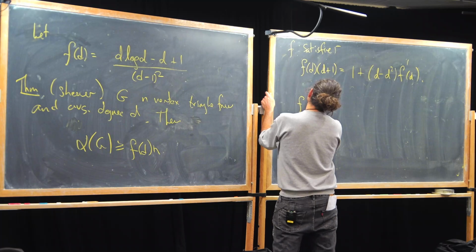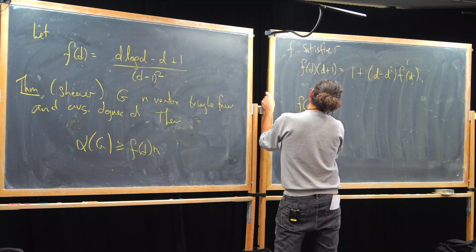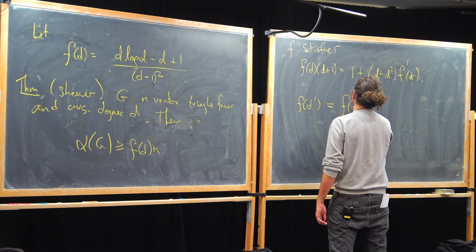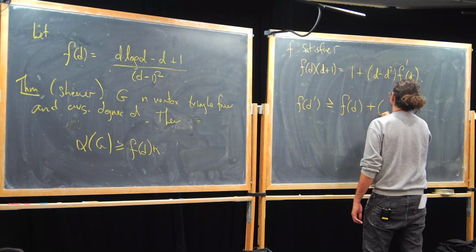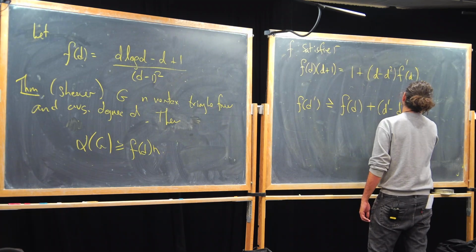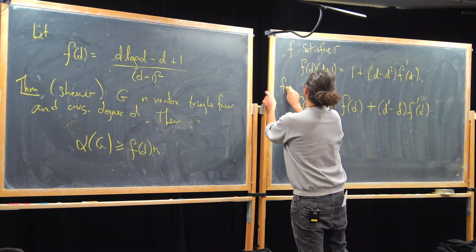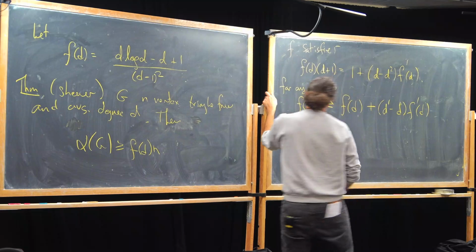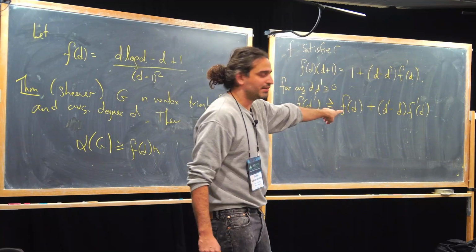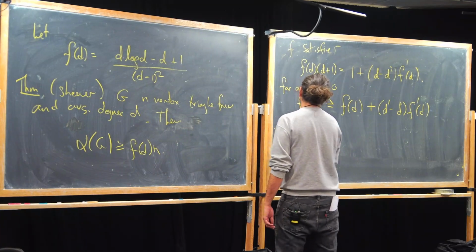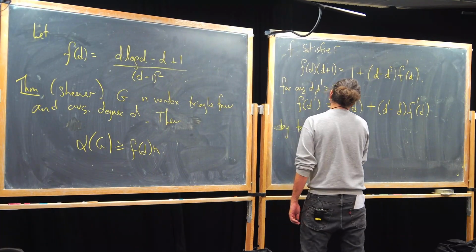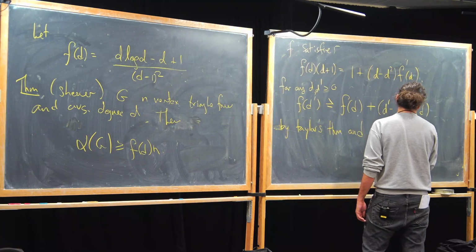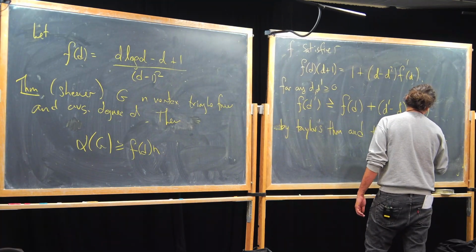And basically what you can do is use just Taylor's theorem. So if I vary the density by a little bit, so this is some d prime very close to d, then I can write it as a lower bound plus d prime minus d times f prime. This holds just by Taylor's theorem, and the fact that this function is nicely convex.